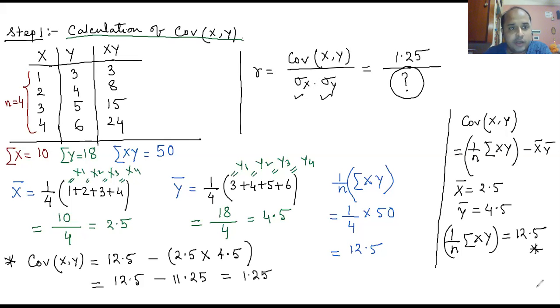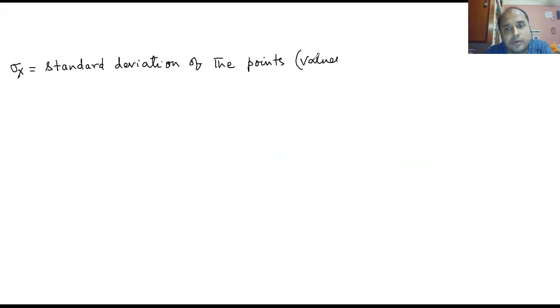So I'm going to calculate the denominator portion now. So what is sigma x? Sigma x is known as the standard deviation of the points or values of x around, or sometimes we call it from, the mean of x.